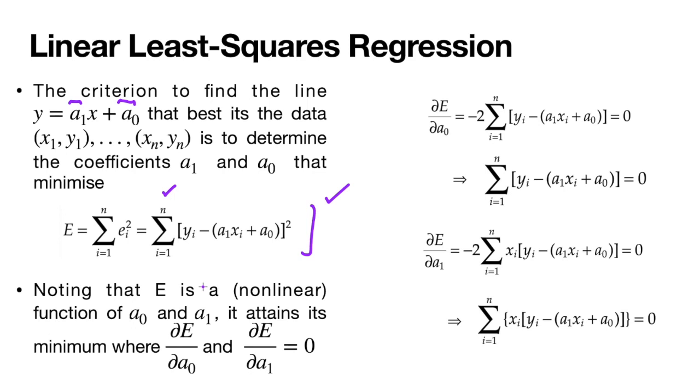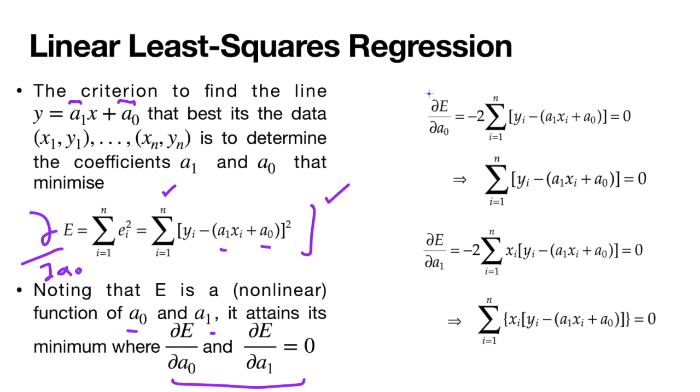So we can find the values of a naught and a1 by finding their minimum. So we can take the partial of e over partial a naught, and similarly partial e over partial a1, and put both of them equal to 0 to find the values of a1 and a naught.